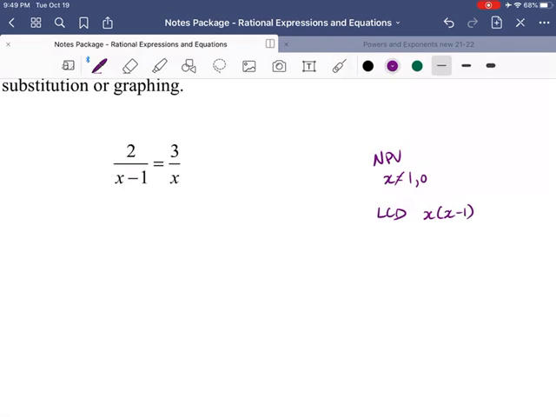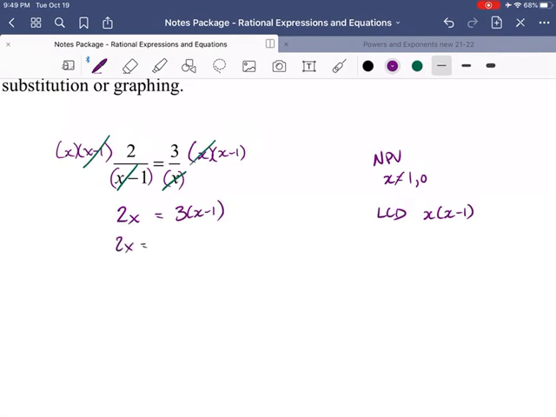So we're going to multiply each side by the entire LCD, and what happens here is you get rid of your denominators, which is going to be handy. On the left side, we're left with 2x, and on the right side, we're left with 3 times x minus 1. So no denominators, and we can go ahead and solve this.